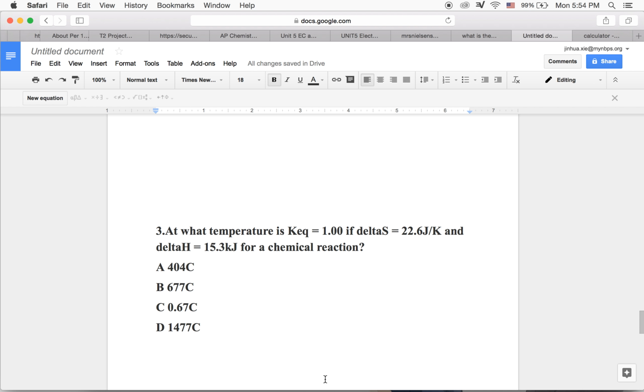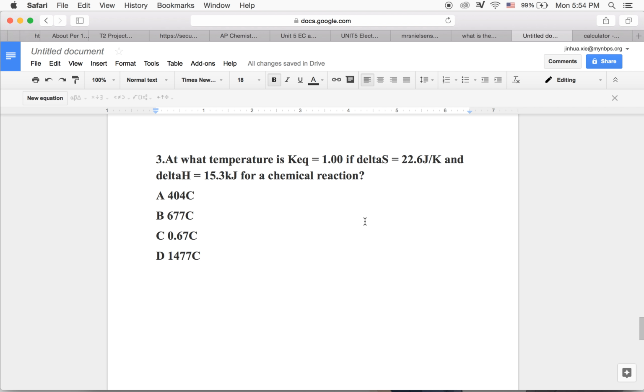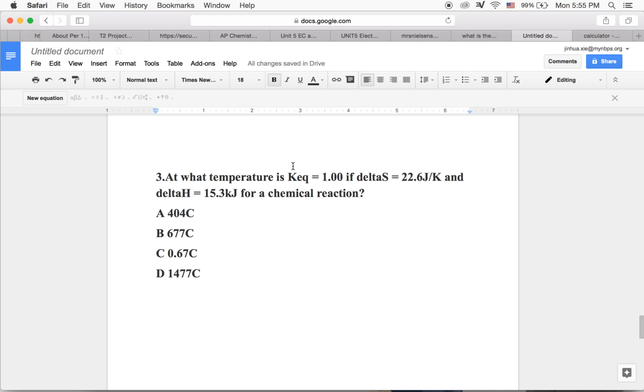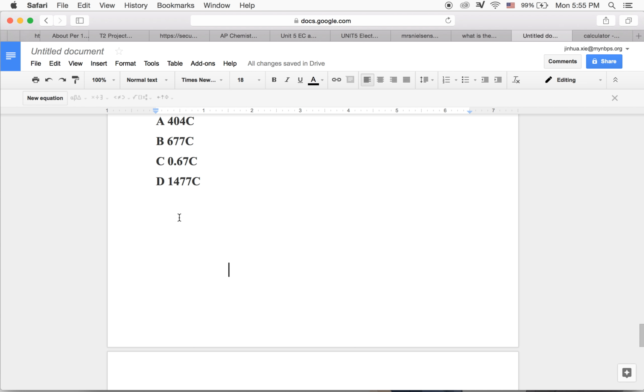And for the last multiple choice, at what temperature is K equilibrium equals 1 if delta S equals 22.6 joule per K and delta H equals 15.3 kilojoules for a chemical reaction? Because K equilibrium equals 1, that means delta G equals 0.